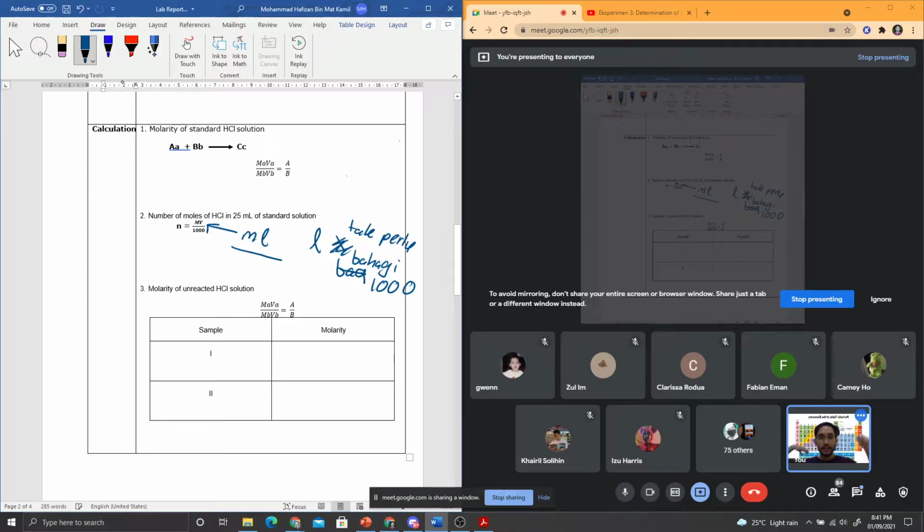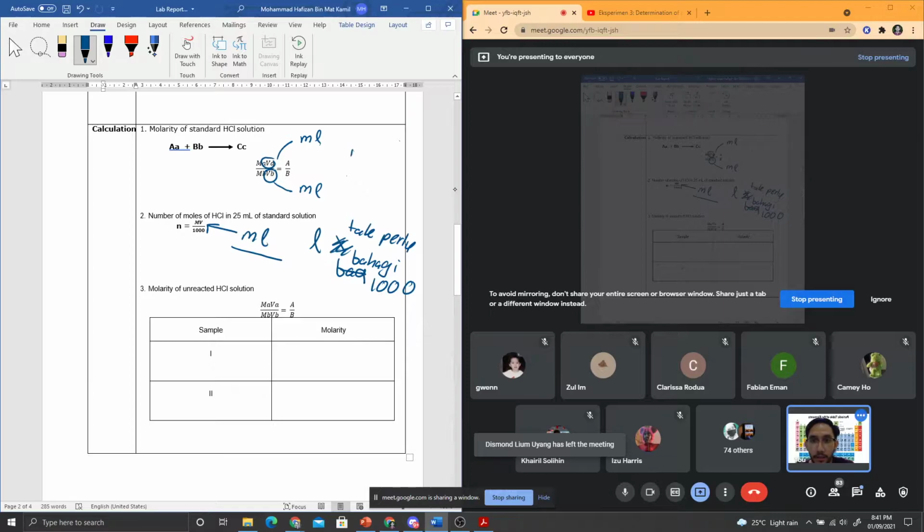Okay. Another thing yang I nampak korang do a mistake, a careless mistake lah. Kalau you guys tengok volume, yes, molarity dia punya volume is in liter. But what if I say you boleh guna milliliter sini? Kenapa boleh guna milliliter?